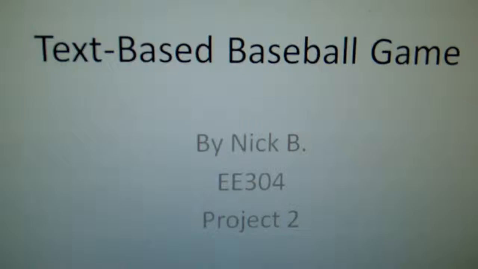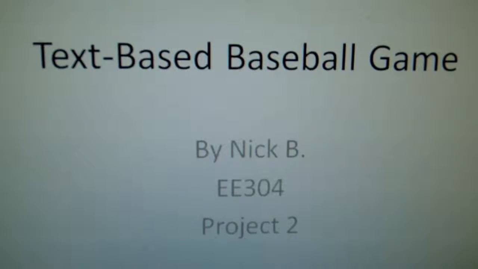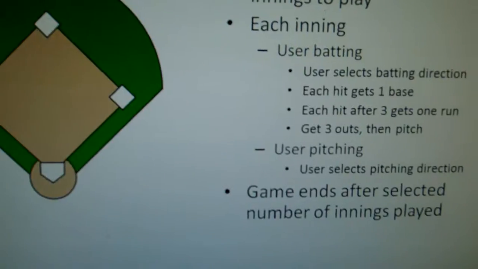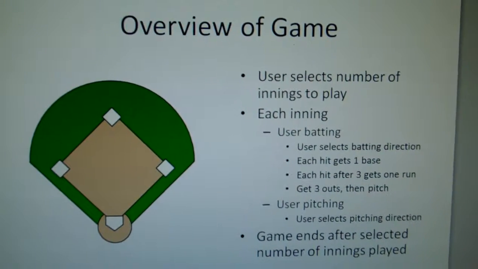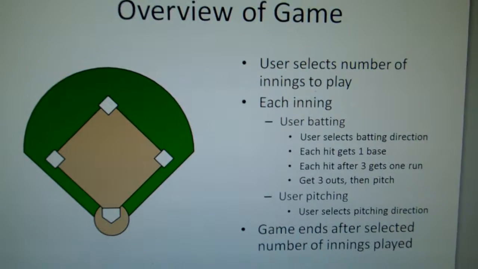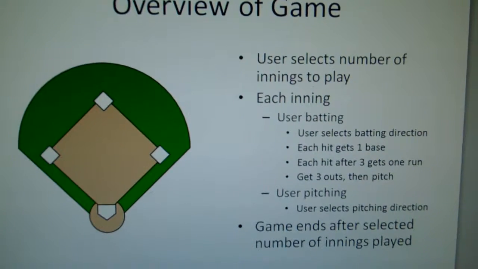And what I did for my project is a C++ program for a text-based baseball game. So for an overview of the game, a user first selects how many innings they want to play.